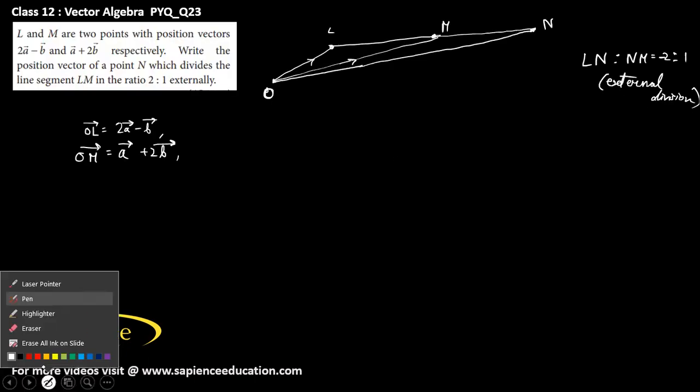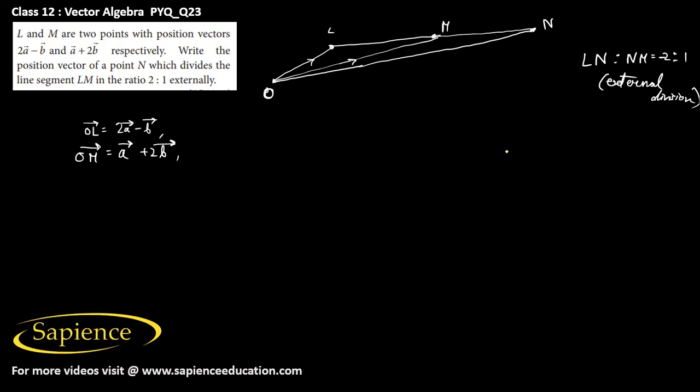So here we have to use the section formula. According to the section formula, the rule is that if any point C divides AB in the ratio m:n, it means suppose AC is to BC equals m:n, which means the length AC divided by the length BC is equal to m by n.